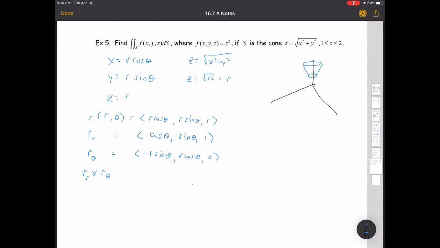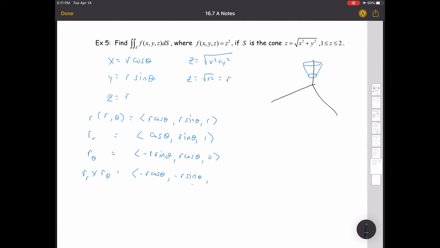r sub r cross r sub theta. So again, eliminating the i row and column is going to give us 0 minus r cosine theta, so we get minus r cosine theta. Eliminating the j row and column is going to give us 0 minus a minus, so that's plus r sine theta, but then we have to change the sign, so it still becomes minus r sine theta.